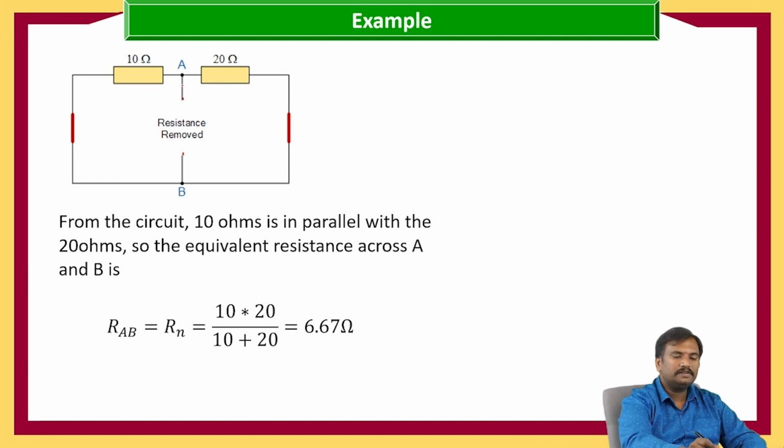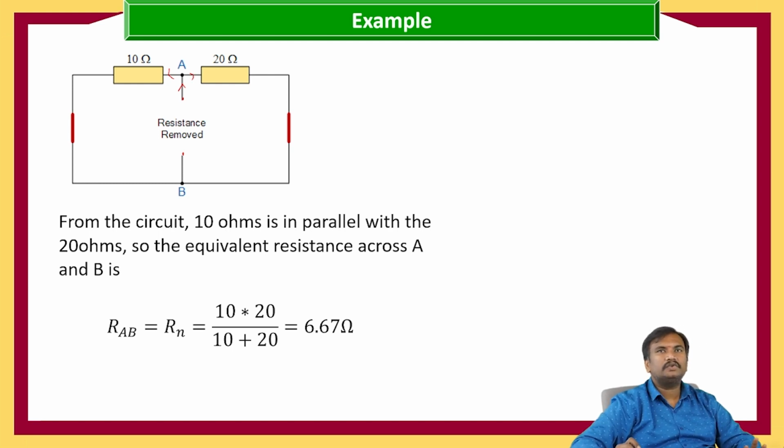So if you see from the A and B terminals, these two resistors 10 ohms and 20 ohms are connected in parallel. When the resistors are connected in parallel, the equivalent resistance is R1 R2 by R1 plus R2. So RAB is equal to RN, which is equal to 10 into 20 by 10 plus 20, which is equal to 6.67 ohms.